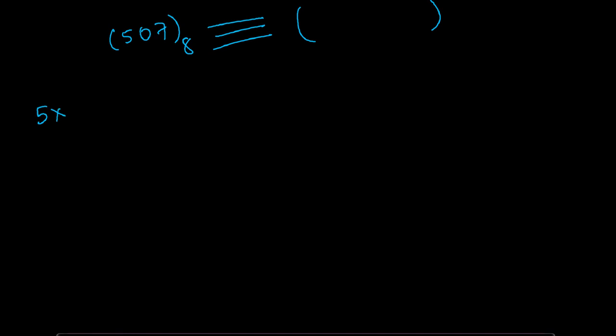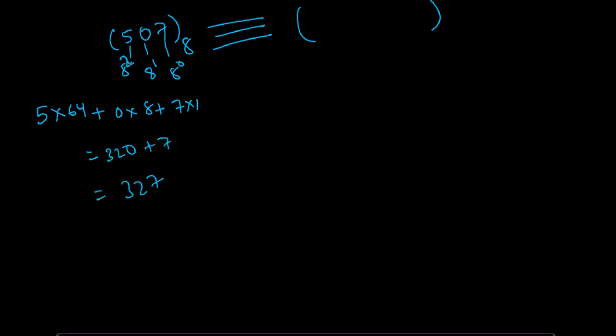It is 5 into 64, because this is 8 power 2, this is 8 power 1, this is 8 power 0. So 5 into 64 plus 0 into 8 plus 7 into 1, which is 320 plus 7, equal to 327. So this is 327 base 10.